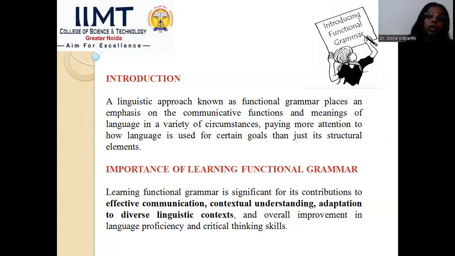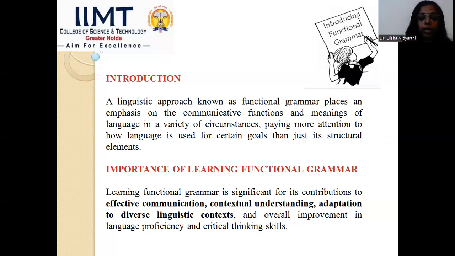It focuses more on the functional value of it: how you can be speaking in that language, how you're able to express your ideas, how you're able to make interpersonal relationships in cross-cultural settings. So that is the role of functional grammar: apart from the grammatical structure and rules of that language, you're able to apply those in practical situations. That is the one main difference between traditional grammar and functional grammar.